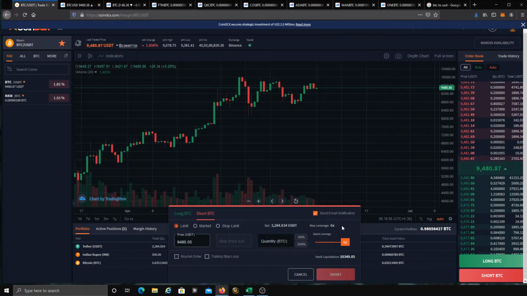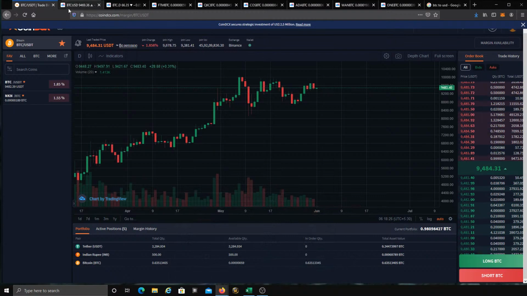So having that option to limit myself at 6x max means that I don't have to worry about doing something stupid and accidentally clicking the 25, 50 or 100x position and then accidentally going all in or something. So 6x is perfectly fine for me, because let me show you.